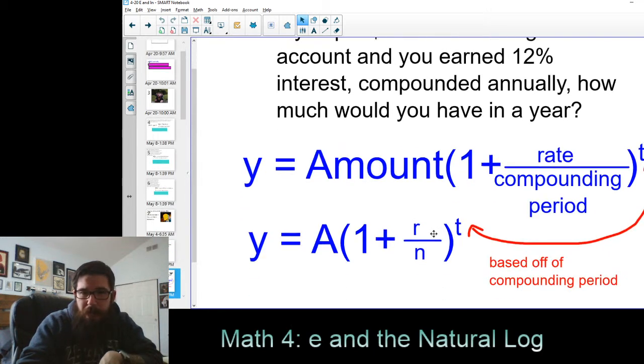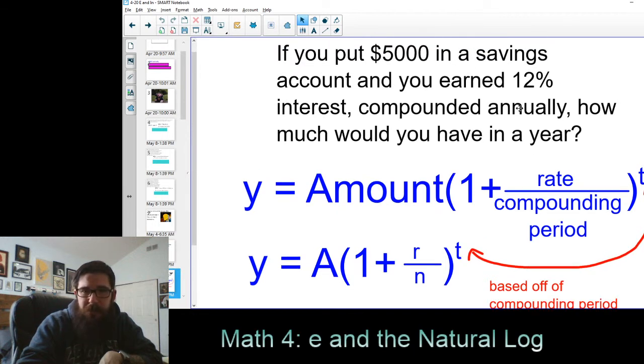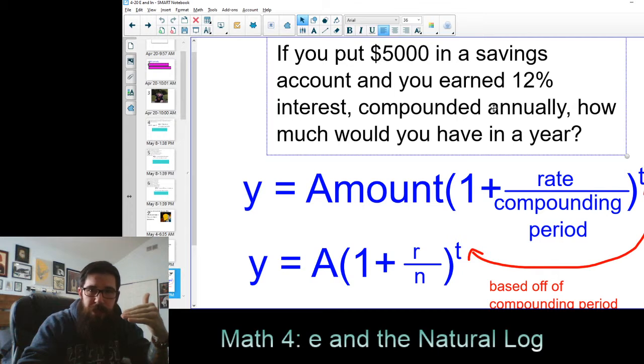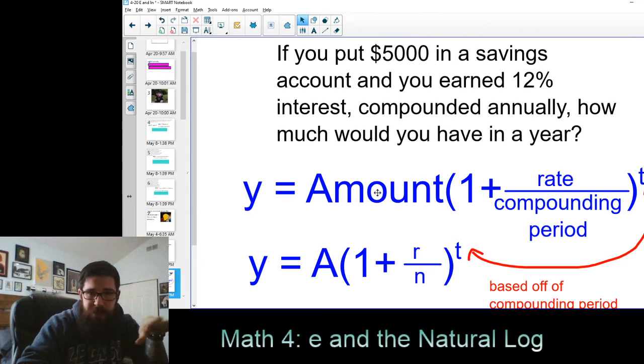We're going to modify it by this idea of a compounding period. So we've still got the same setup, but I'm going to change this word right here, instead of compounded annually, into different times. The way that this equation is going to change then, we still have our initial amount. I'm still going to do 1 plus, because it's interest in this case, which is always going to be a growing thing.